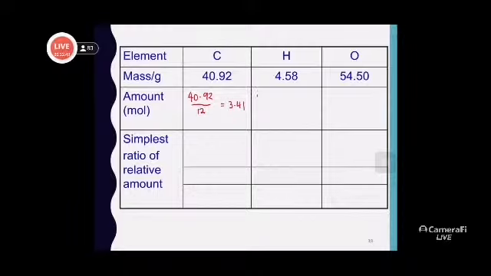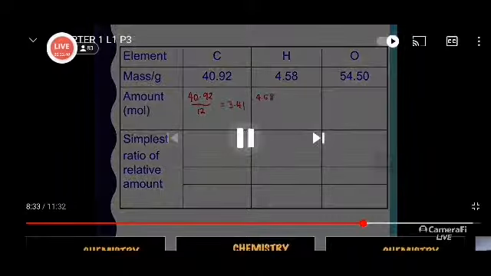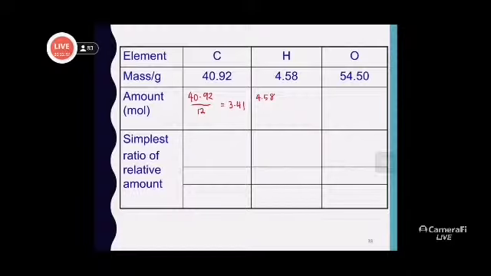Alright. For hydrogen, ni satu lagi. Untuk you punya calculation ni, pastikanlah 4 decimal places. Maknanya 40.92 divided by 12 equal to, contoh, 3.4111. Pastikan you ambil 4 decimal places. Biasakan diri dengan guna 4 decimal places.